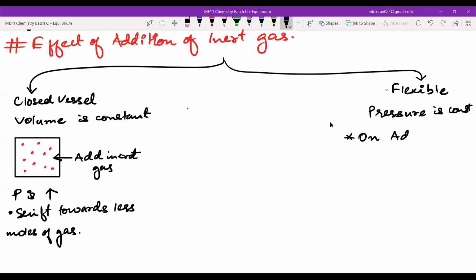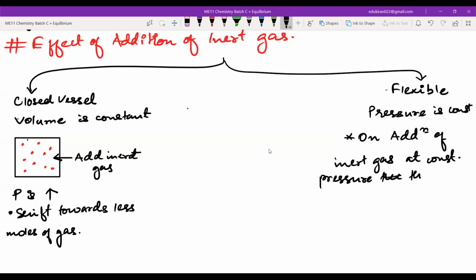And in this case, what is going to happen on addition of inert gas? If this chamber was flexible, then if I added inert gas, it would have expanded. Expansion means increase in volume. So on addition of inert gas at constant pressure, the volume will increase, right?